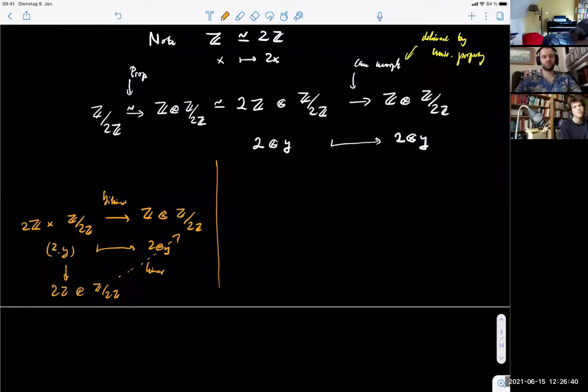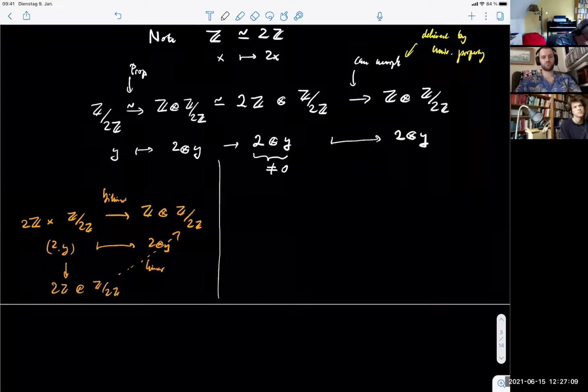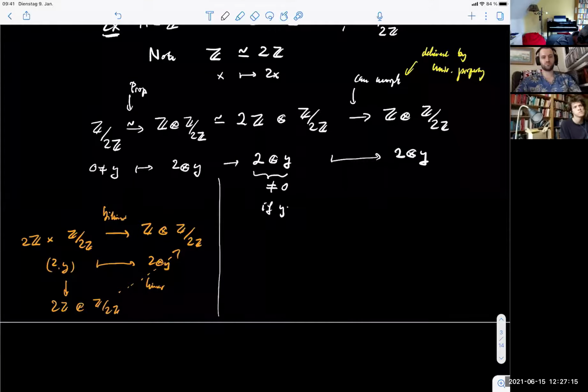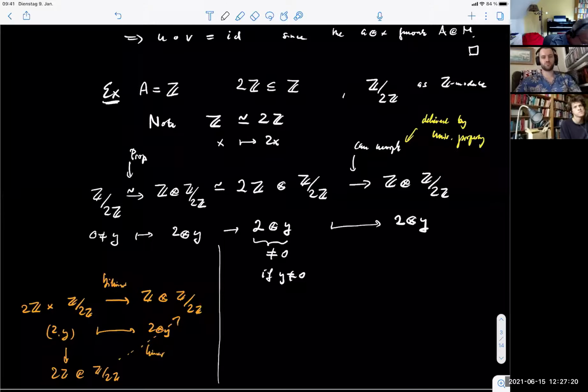Let's do a little calculation. The first claim is that this is non-zero. Why? Because this comes from 2 tensor y under the canonical morphism, and this comes from y, if y is non-zero.